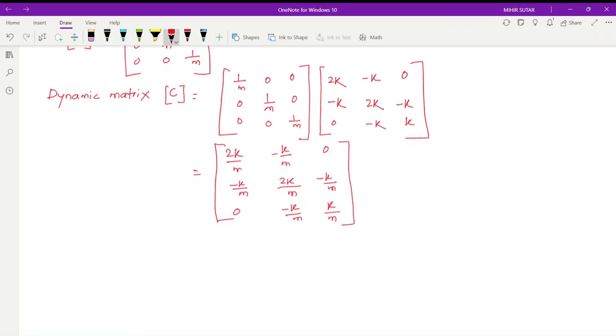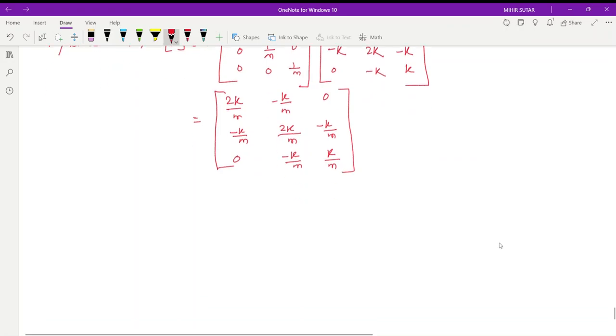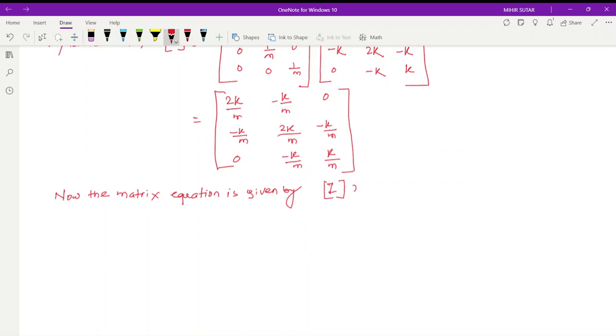Now the matrix equation is given by I x double dot plus C x is equal to 0.